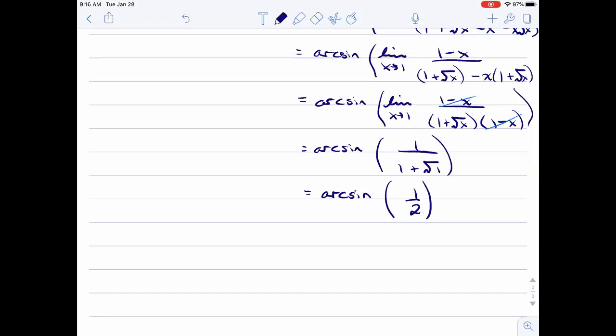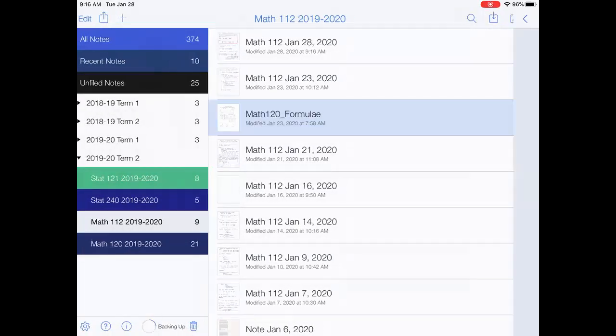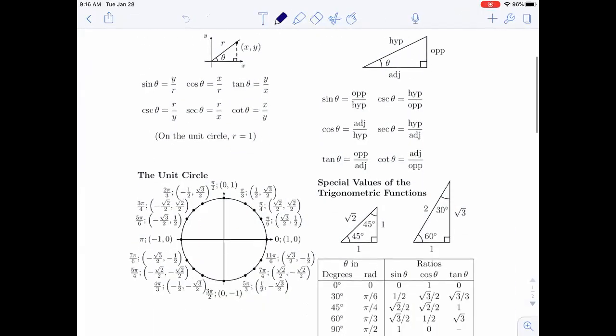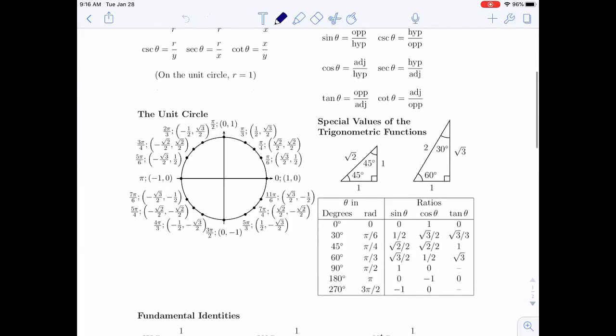Either you've got a fun calculator, like this one that just tells you it's pi over 6. I think the engineering calculators can just give you exact answers, so that's nice. Or you have to go and remember the unit circle.